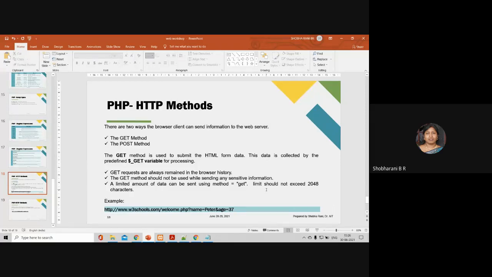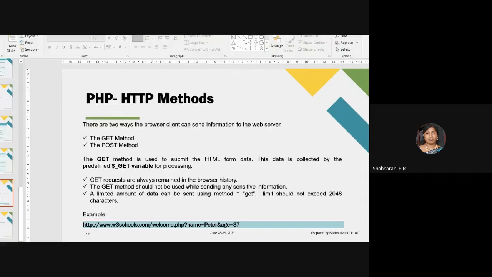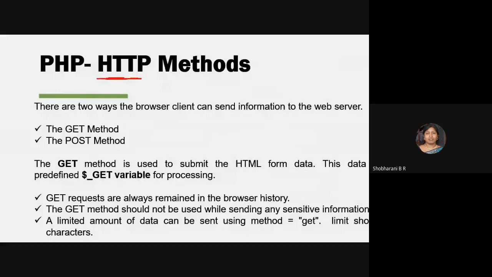If I can use any of the options to communicate, similarly our browser and the server, the front end and back end, will be communicating with some specific standard, that is HTTP. Those are HTTP methods. We have two important methods. One is the get method. There are many more, put, delete, and all are there, but we will be very frequently using only these two methods, get and post.